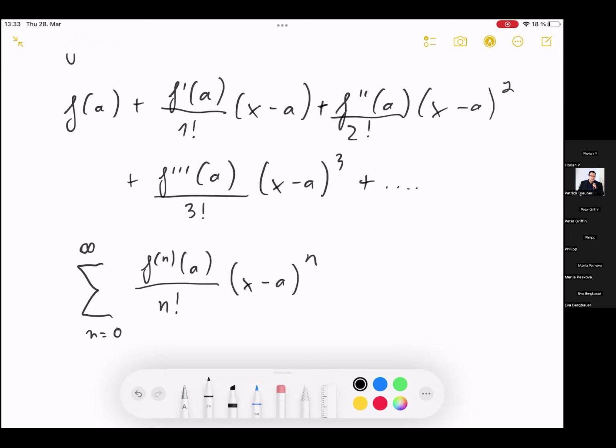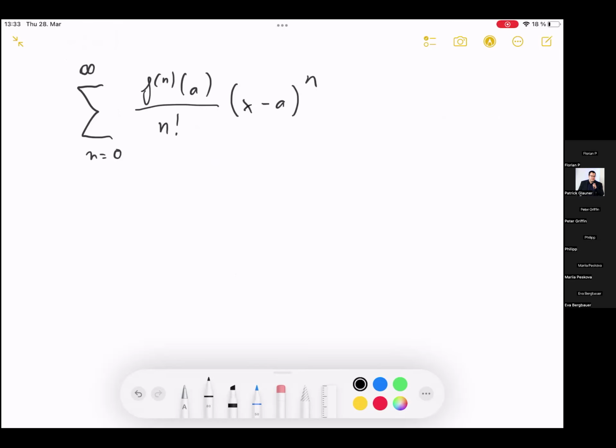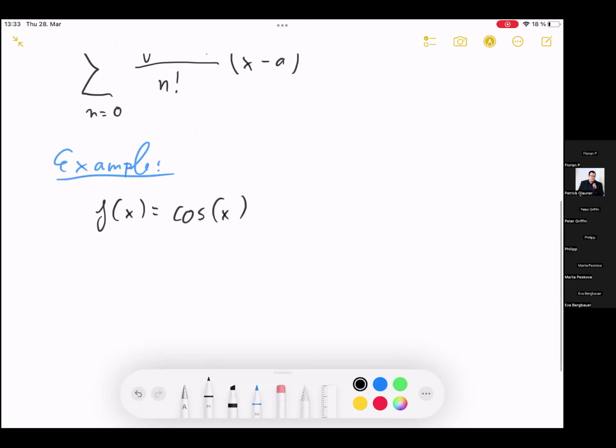Concretely, we'll look at how we can approximate the function cosine. For cosine, f of x is cosine of x, and we calculate a few derivatives. The derivative of cosine of x is minus sine of x.